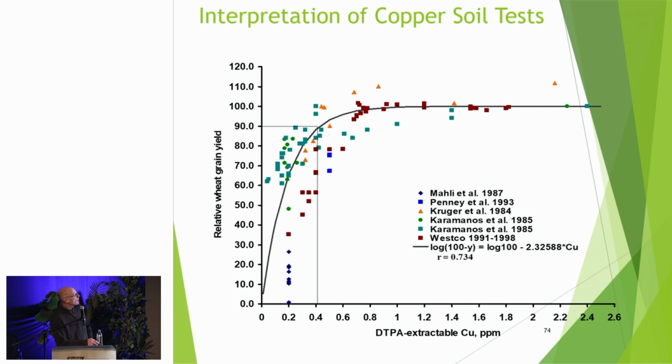These were the yields where there was no copper. So there's some absolute train wrecks on low testing soils, but as soil test levels build to 0.4 or 0.6, we're very close to where the responses are very modest or limited. So that's where our critical level is. If you have soils that are testing that low, that would certainly warrant applications.